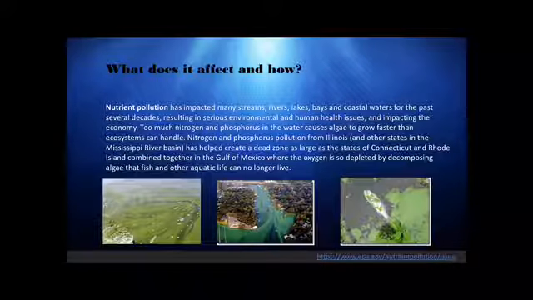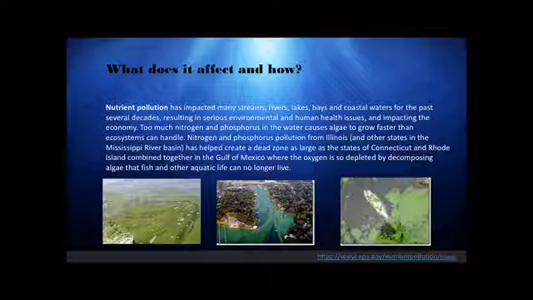This type of pollution has impacted many streams, rivers, lakes, bays, and coastal waters for the past several decades, resulting in serious environmental and human health issues and impacting the economy. Too much nitrogen and phosphorus in the water causes algae to grow faster than the ecosystems can handle.